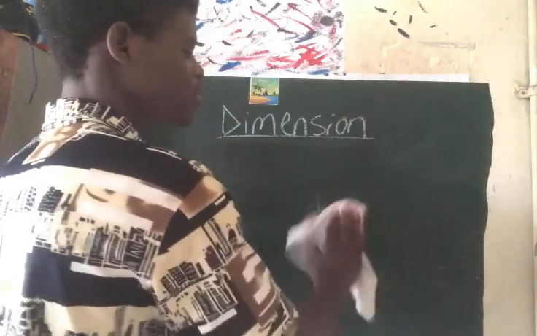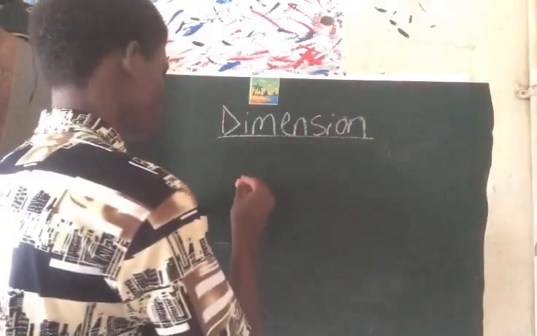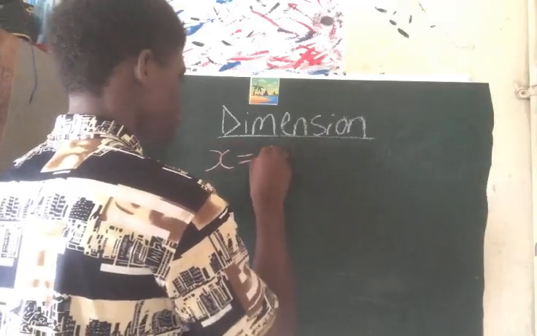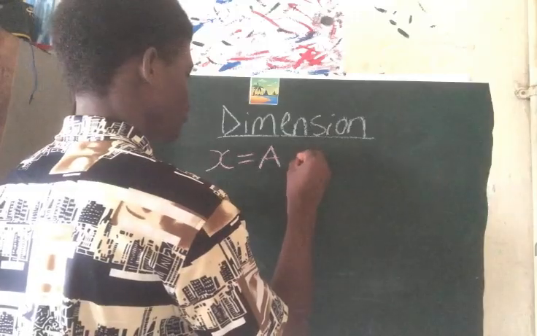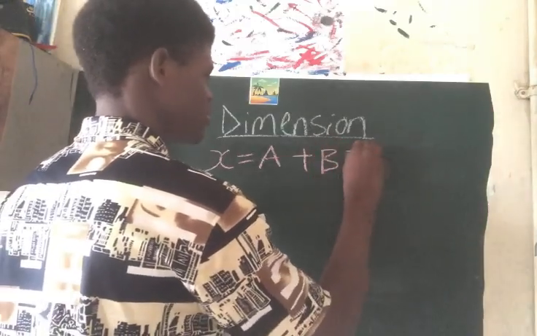So there's this question in the slide. I can't really remember the question, but it is like this. Let's say x is equal to a plus b raised to power, let's say, t minus 2.